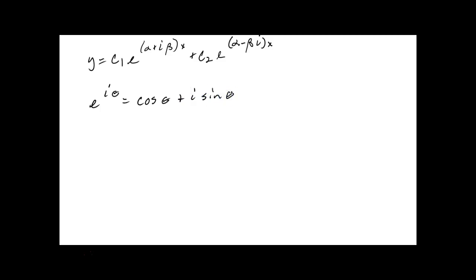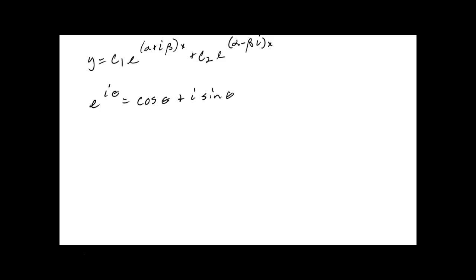Now, that may look like, wait a minute, we're still going to have an I in it, okay? But at least we get one real number out of it. So if we take what we have there and use Euler's formula here, let's see what we get.